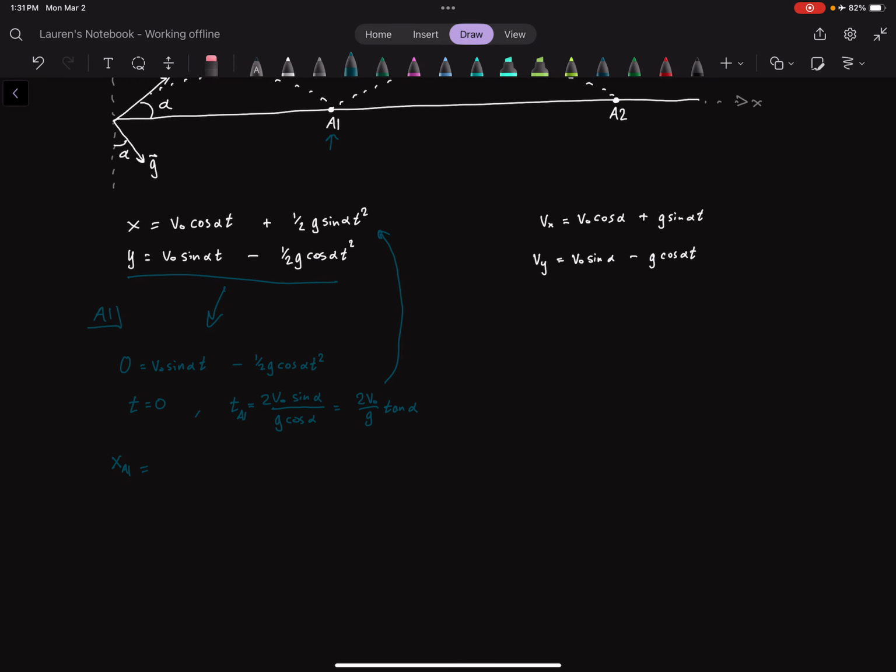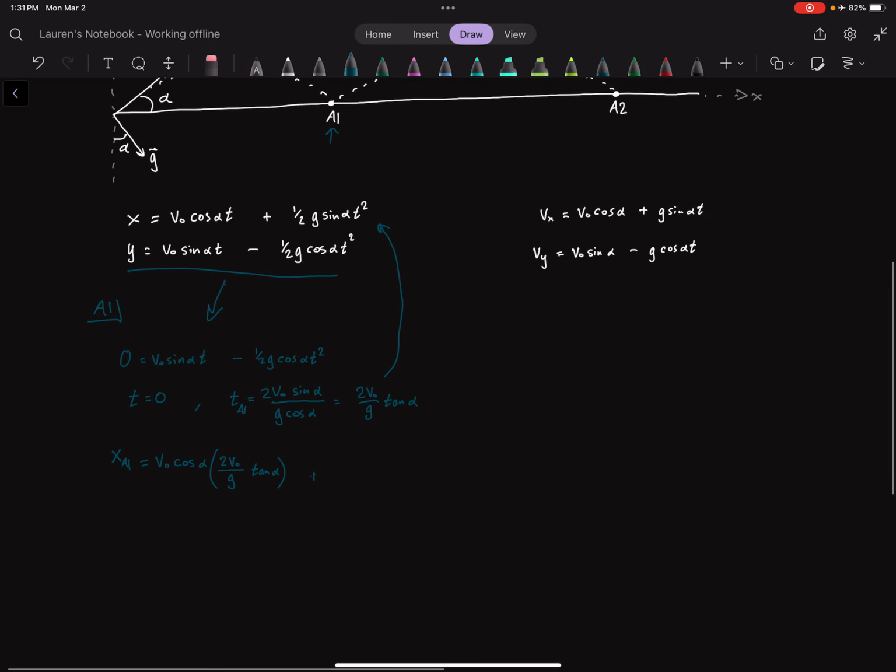So x at A1, we're saying, is v naught cosine alpha times this junk we're plugging in, 2 v naught over g tangent alpha, plus our other term, 1/2 g sine alpha times our value for t squared, because the t is squared there, right?